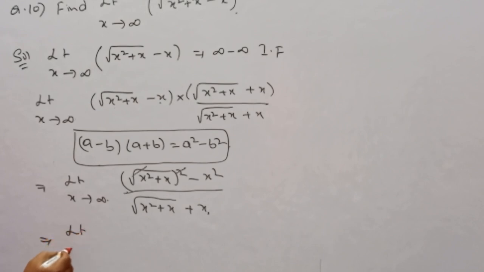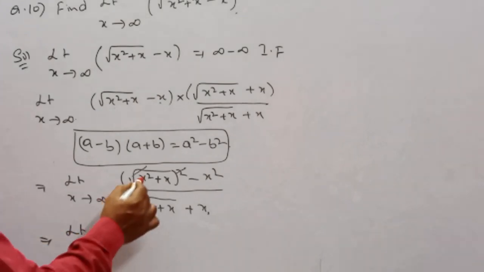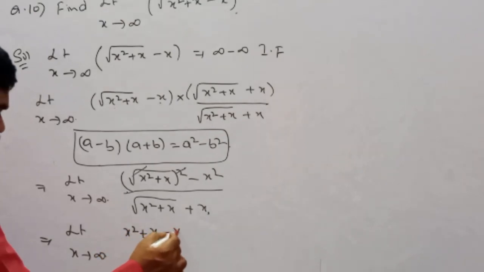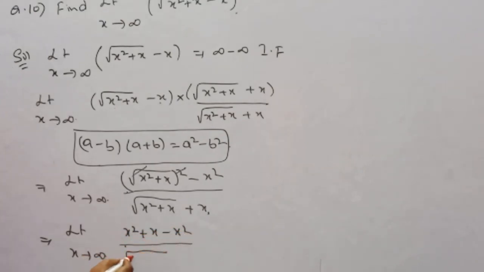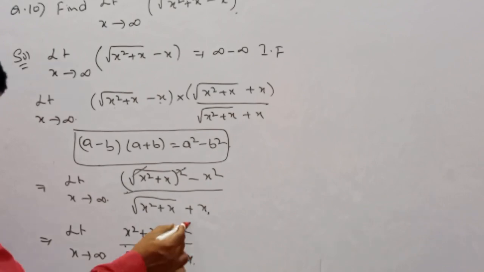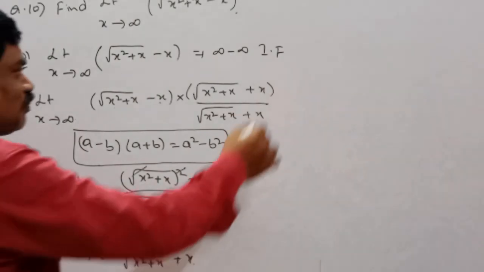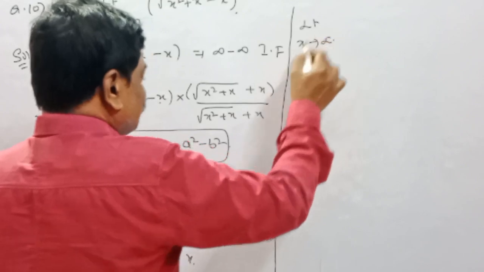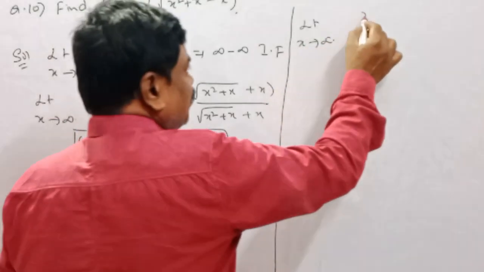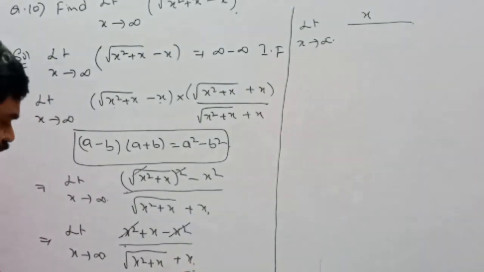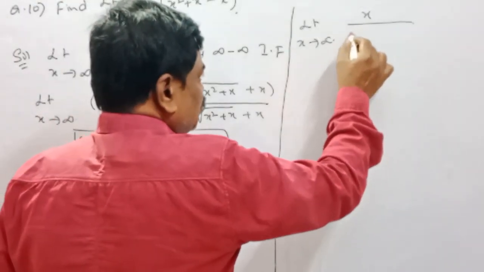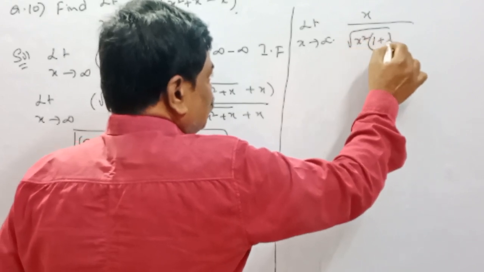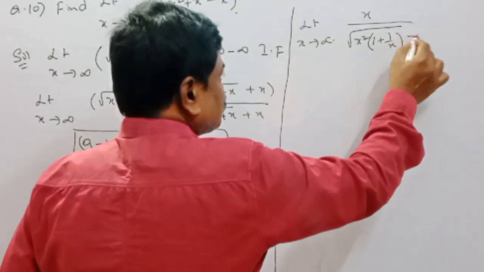This implies the limit as x tends to infinity of x square plus x minus x square, by root over x square plus x plus x. Here x square cancels. So this can be written as the limit of x by, from the denominator, taking x square as common, root over x square into 1 plus 1 by x, plus x.